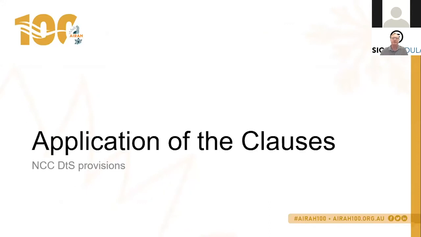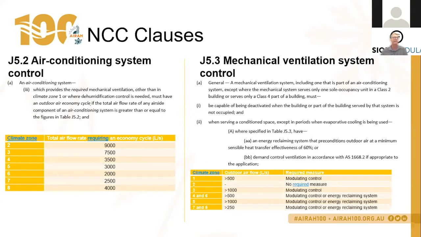Application of the clauses. Now I'll go through the basic clauses that we are looking at. The code has two main clauses. J5.2a addresses the economy cycle, and J5.3a addresses the demand control or outside air control ventilation.